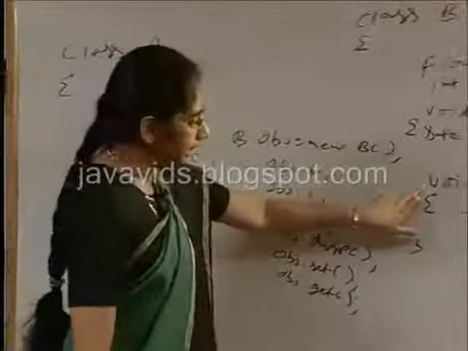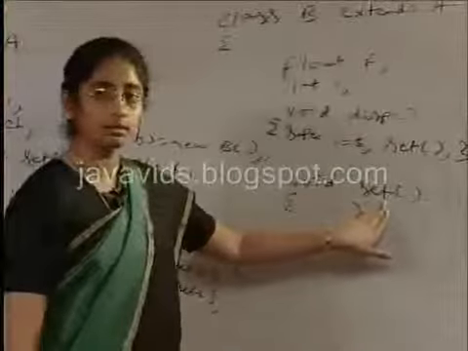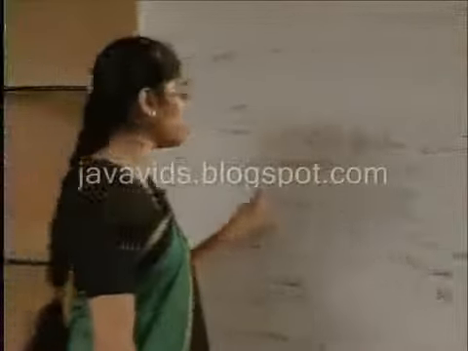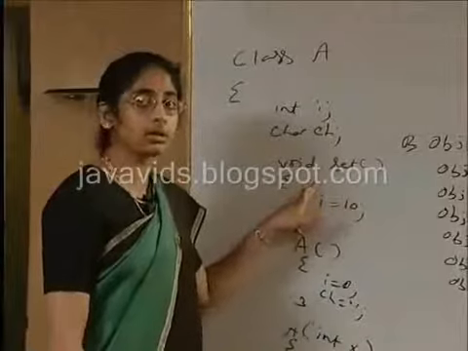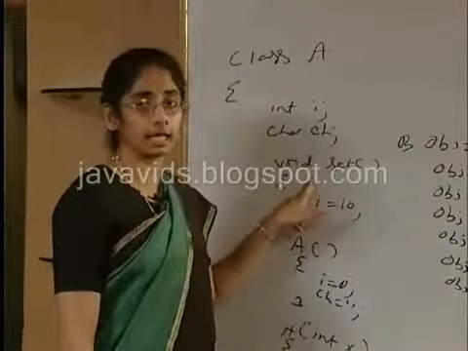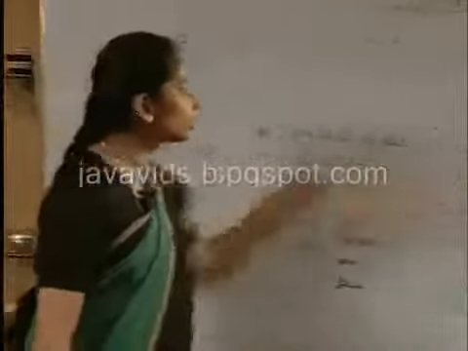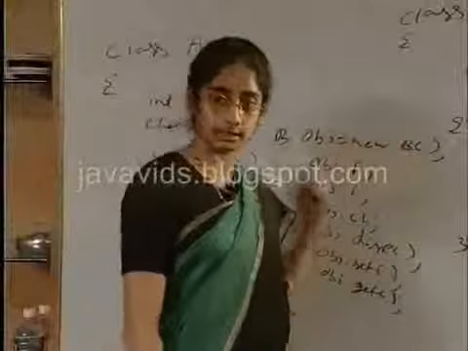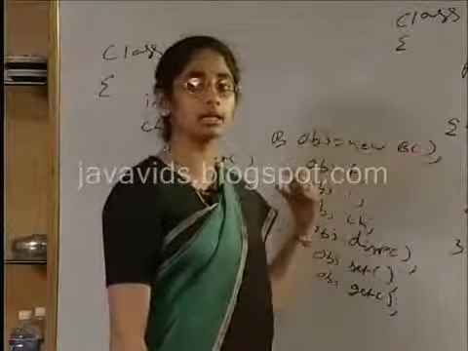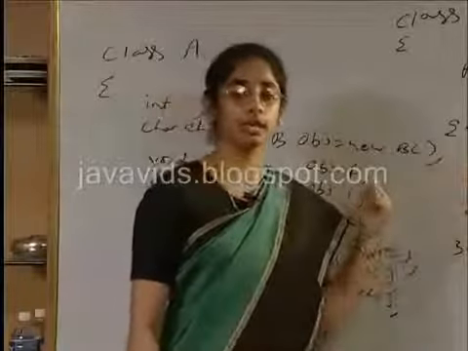Now when you define a method which is the same as the method of the parent, it is called function overriding. So function overriding can occur only between parent and child classes. There should be a parent and child relationship for function overriding to occur.